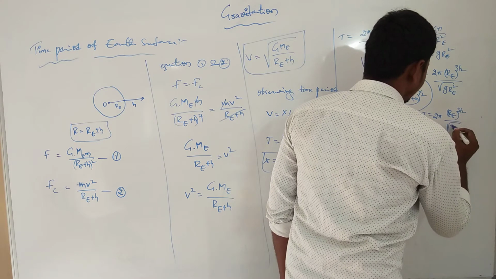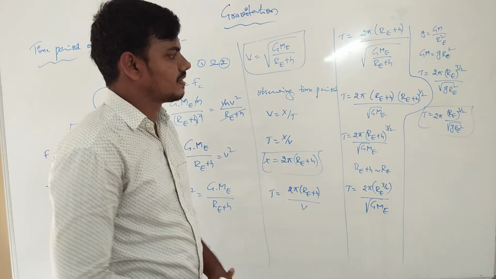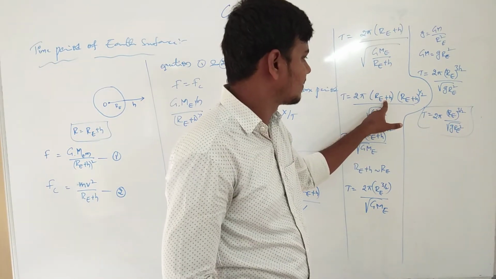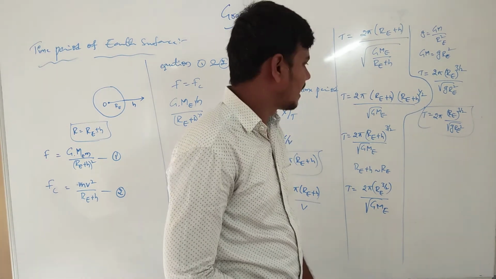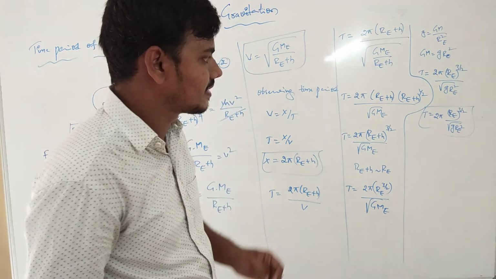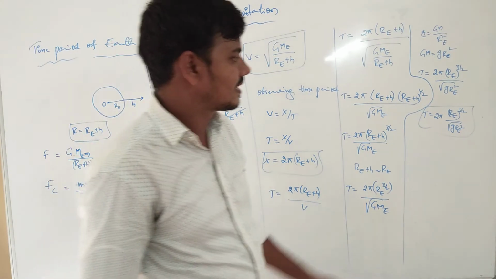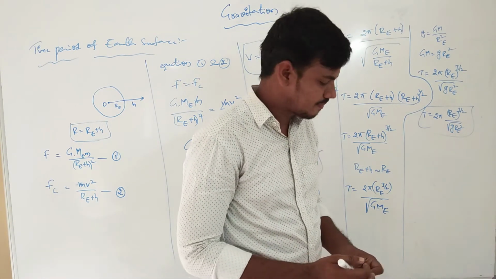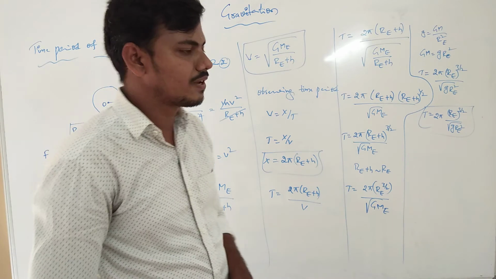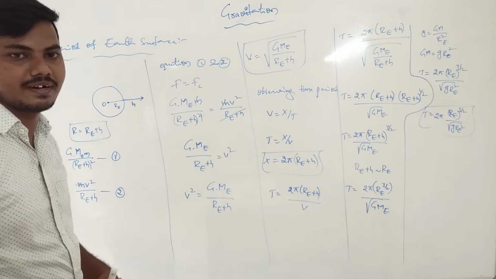The same equation can also be represented for R_E plus h to the power 3 by 2, with G M_E equal to g R_E square. Now this is the time period at the Earth surface.